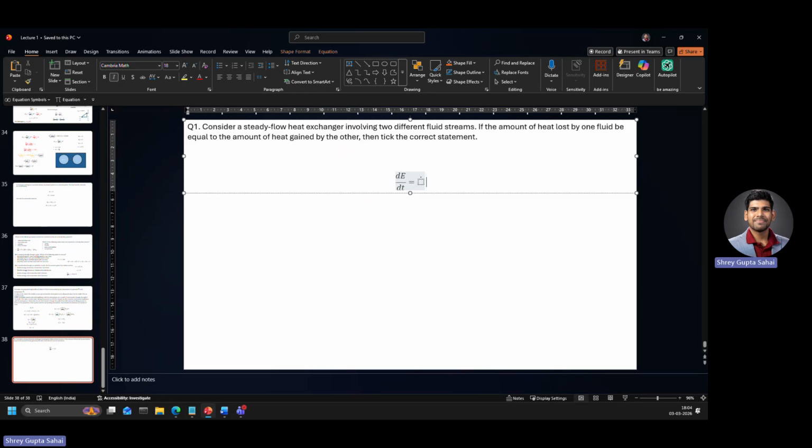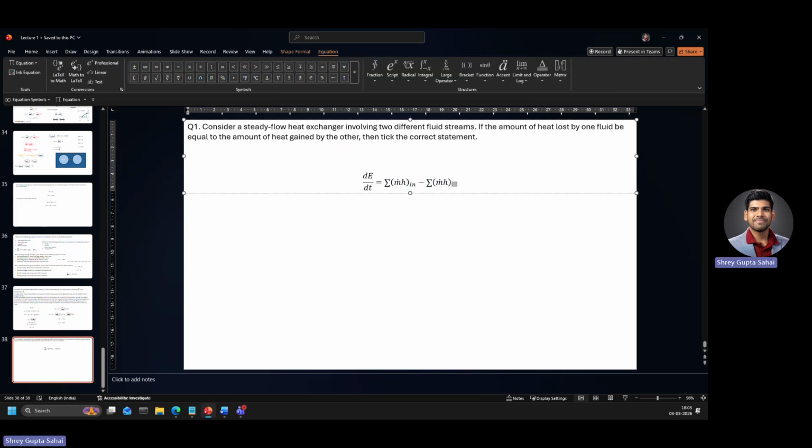If you have multiple inlets into your system, then they will have an associated enthalpy coming into your system, and that will add energy to your system. If you have multiple outlets, then this should decrease the total energy of your system.